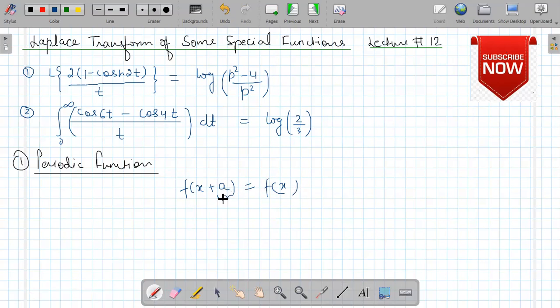Then this a is called the period of this function.